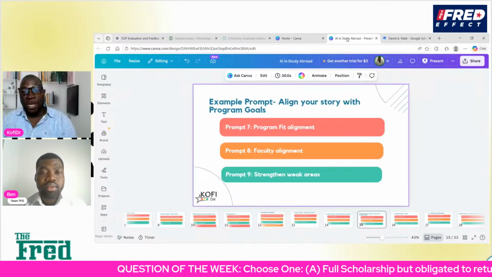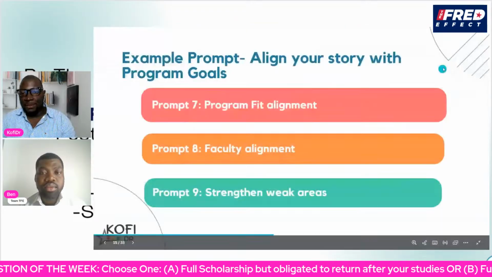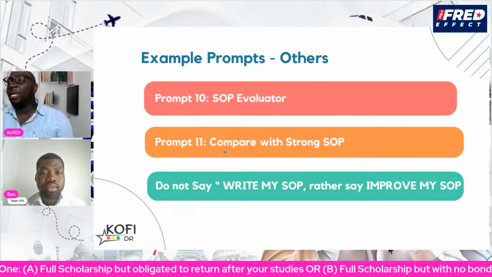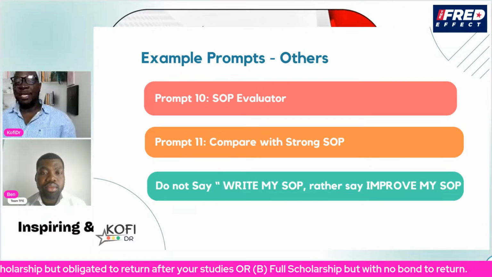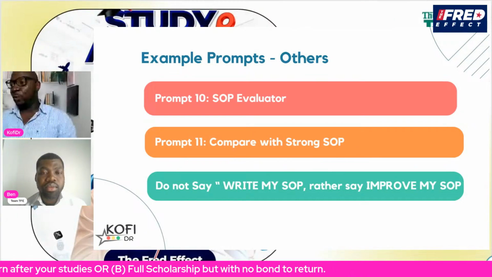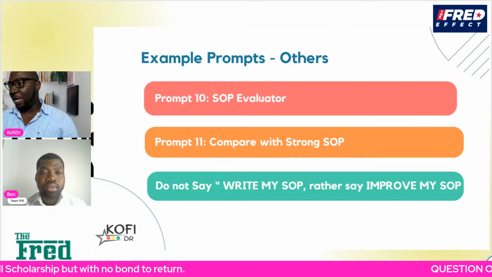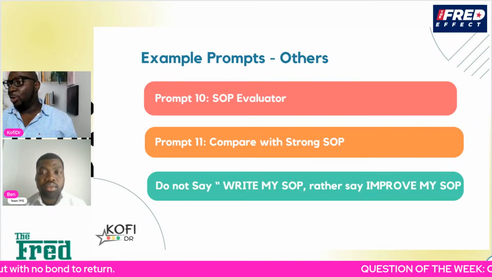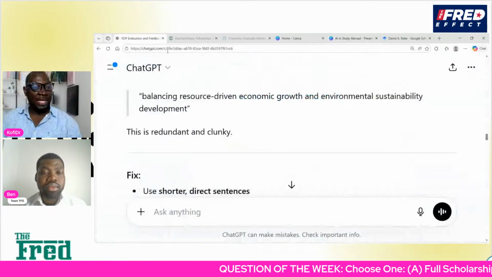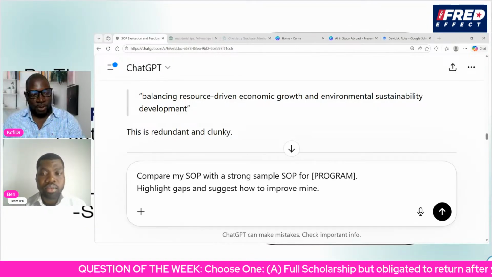So that's one way you could use AI to your advantage for SOP evaluation. You can also compare your SOP with a strong SOP. Let's say you are applying to a particular program and you have a sample SOP. You can compare your SOP with the strength of the other SOP, and the AI should be able to highlight areas that you should improve.